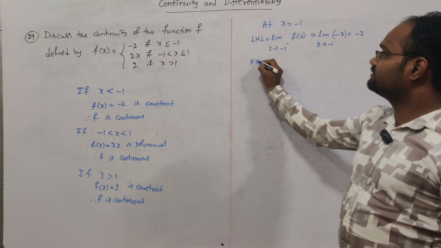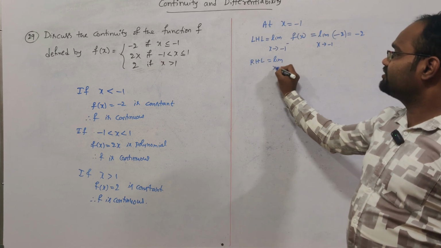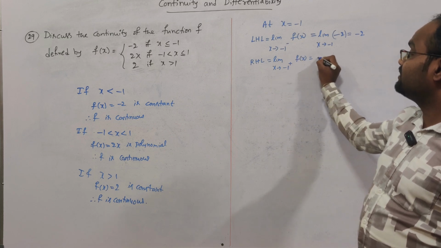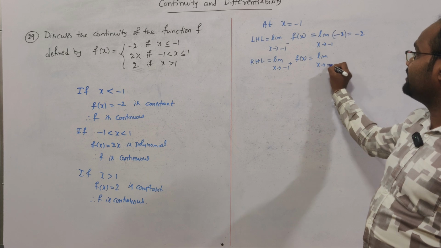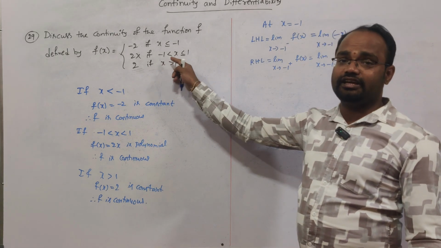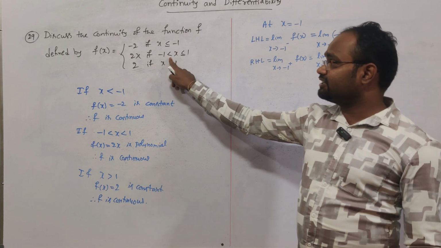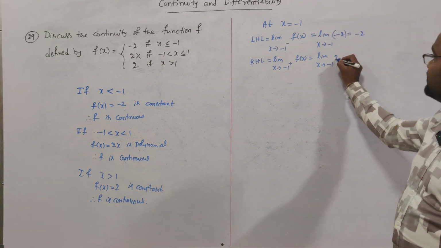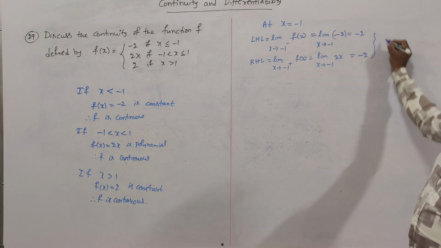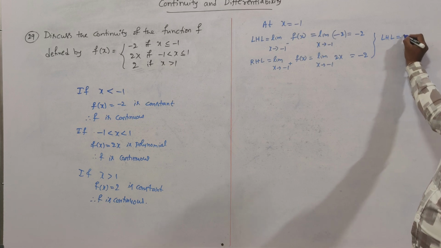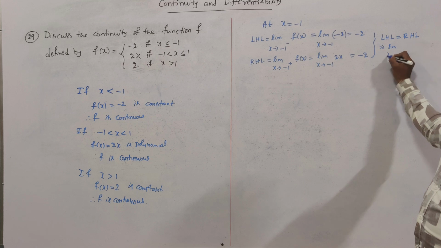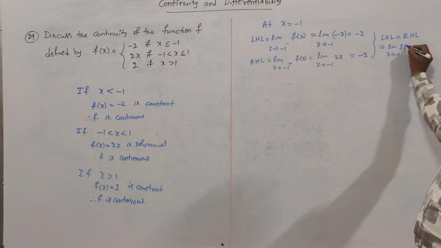What does RHL become? Limit as x tends to -1 plus f of x, that is x tends to -1 plus, meaning more than -1, greater than -1. For greater than -1 the function is 2x. Once again 2 into -1 you will get -2. So LHL equal to RHL, that implies limit as x tends to -1 f of x is -2.